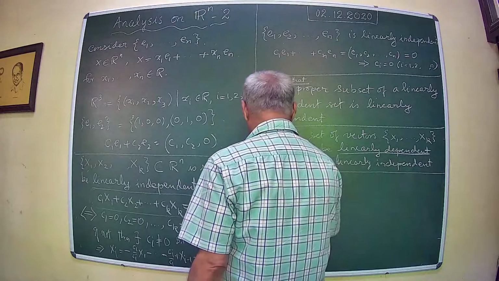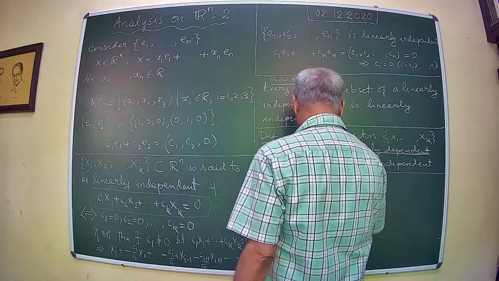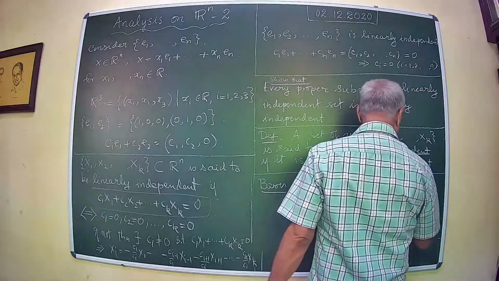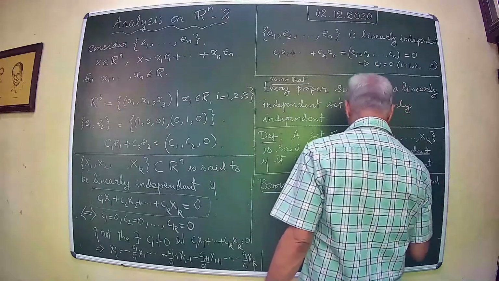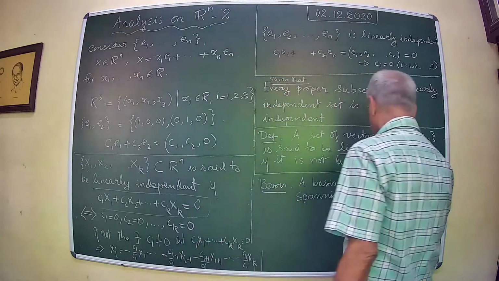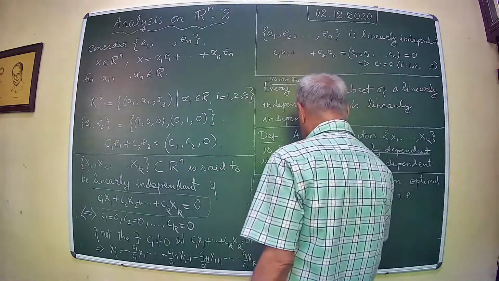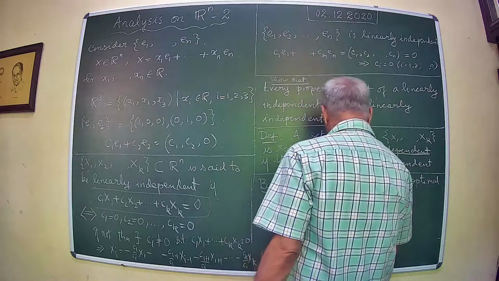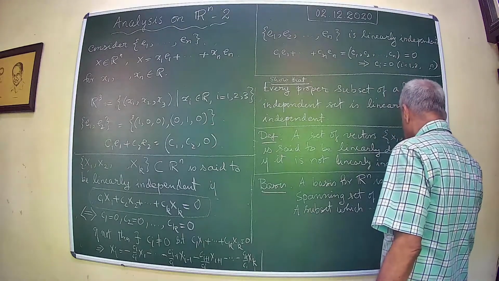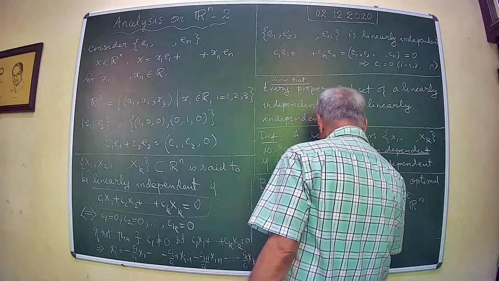What we call a basis is a subset which spans Rn and is also linearly independent.